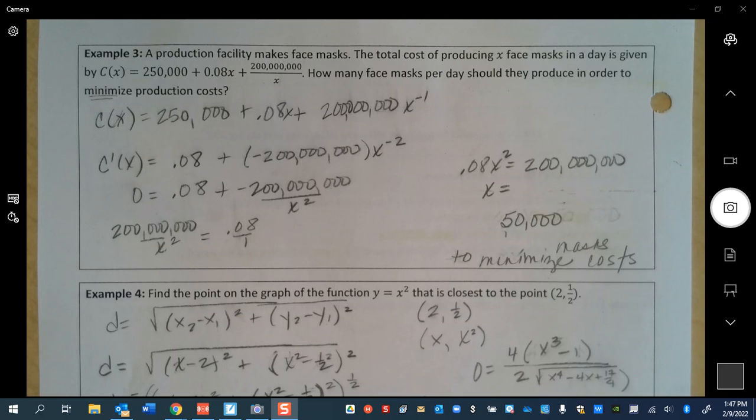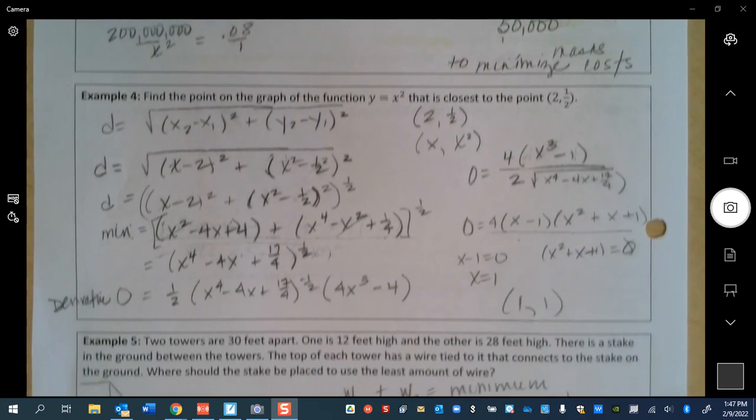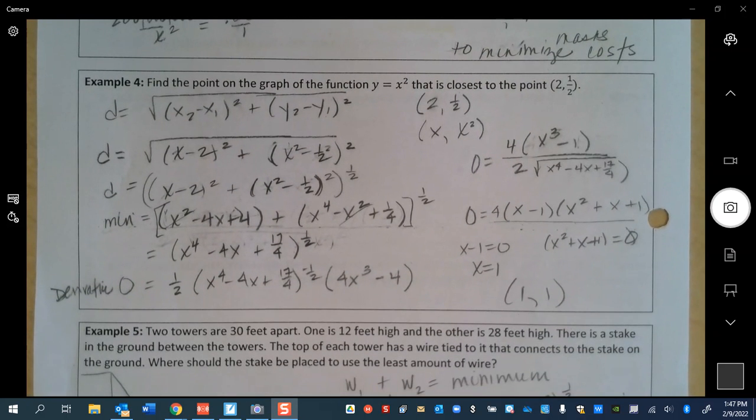These distances to the closest point problems, I have my distance formula. My 2 points are the one they gave me, and whatever input output comes from my equation that is of my graph.